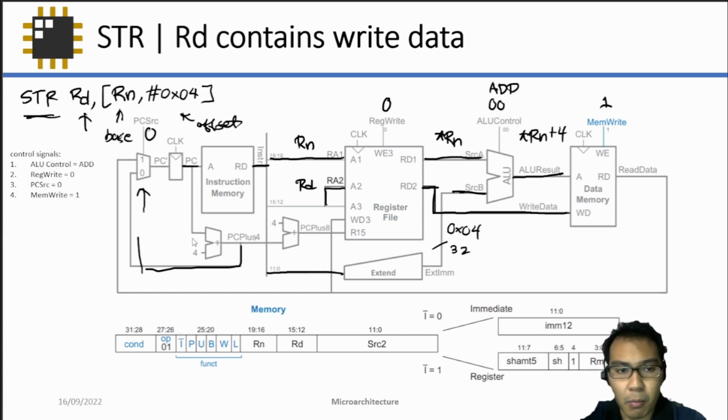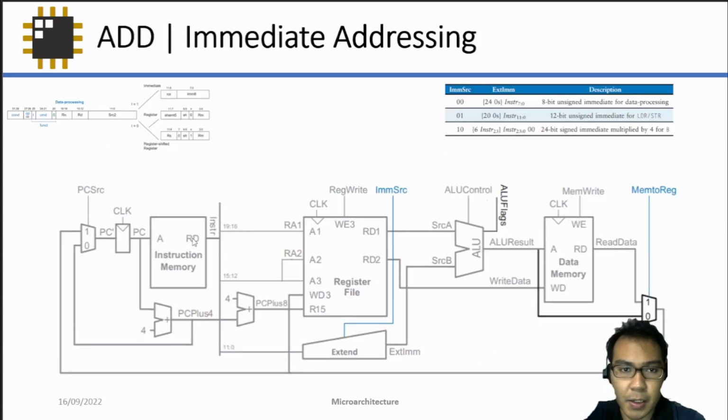Okay. So next is data processing instructions. So data processing instructions, their structure is written over here as a review. And so for example, we have a data processing instruction with immediate addressing.